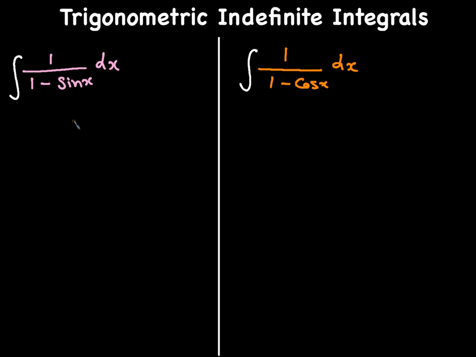So let's do it. The first one we've got is 1 over 1 minus sine x dx. What we can do is multiply it by the conjugate, so the denominator is going to be 1 plus sine x, and if we are multiplying, we're gonna divide by the same.